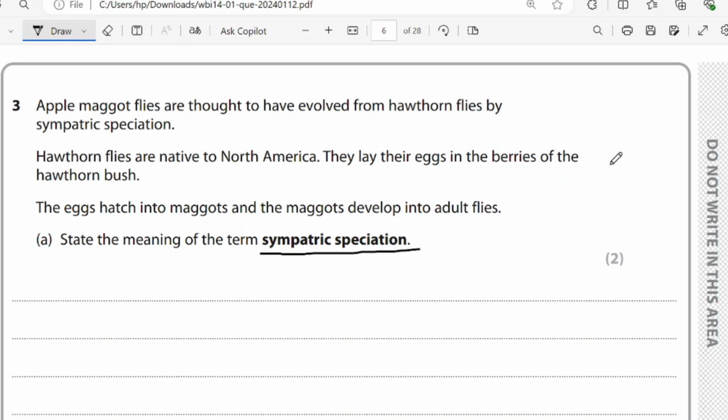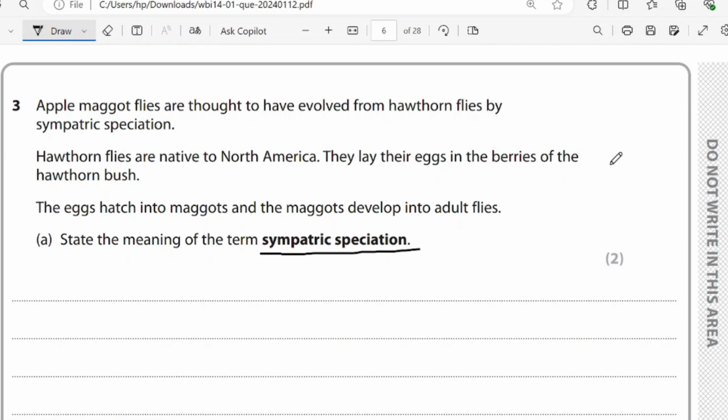Sympatric speciation, on the other hand, means that there were no physical barriers, but due to certain behavioral, mechanical or seasonal changes, maybe for example climate change, groups of organisms within that species did not breed with each other anymore, and over time they developed into a different species.